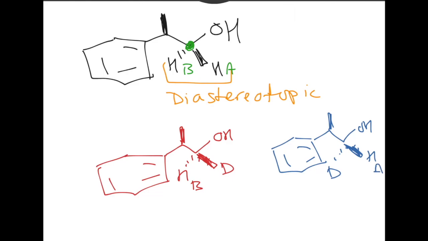Then HA stayed the same and HB became a deuterium. These two molecules are diastereomers of each other. One chiral carbon stayed the same, this methyl group stayed a wedge. The other chiral carbon changed, you switched the H for the deuterium. Make sense? Seem reasonable?